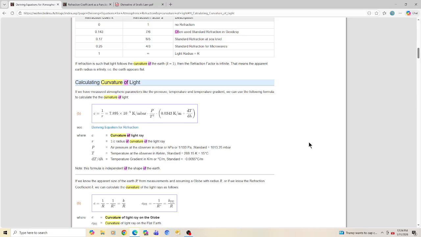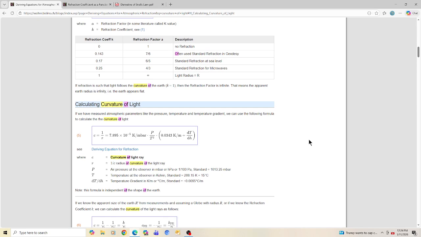And when the linear aspect doesn't work, we see a straight line, either over a globe or over a flat surface. And when it does not meet the expectations of either model, both parties are going to say refraction is at play.